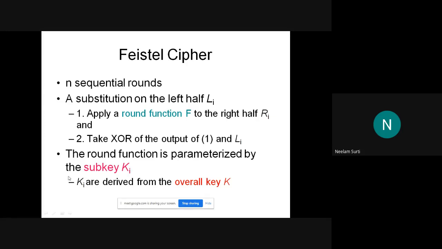But you have a subkey function, and using the subkey function, you get one part of the key. So Ki are derived from the overall key K, using some algorithm or function. So this is nothing but your Feistel structure. The whole summary of Feistel structure looks like this.